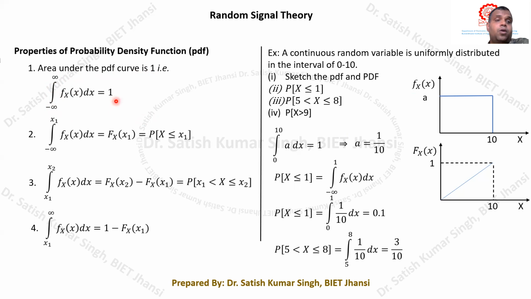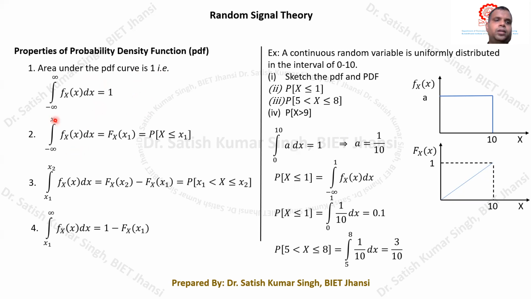Why does it give unity? Because it is representing the total probability. The maximum probability possible is equal to 1, so when we calculate the total area, this value is going to be equal to 1.